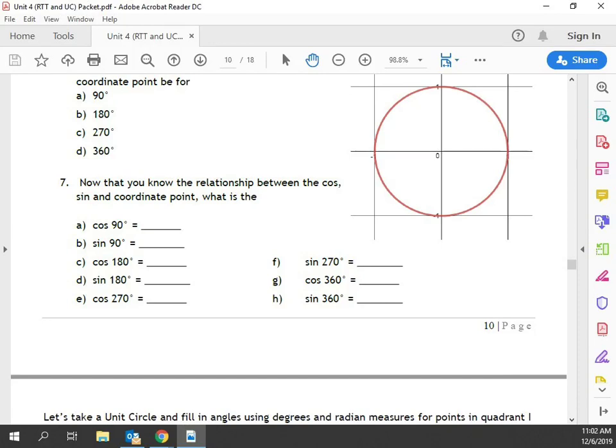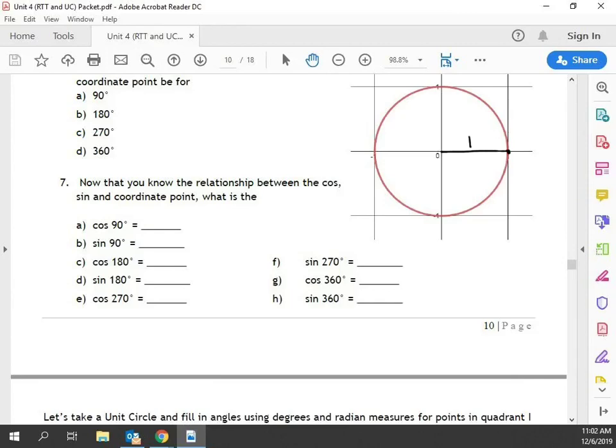So we go on and look at the unit circle and ask, what about those 90, 180, 270? What happens when we're at the positive y-axis, or at the negative y-axis? Well, we are talking about a unit circle, which I've already established, where the radius is equal to 1.